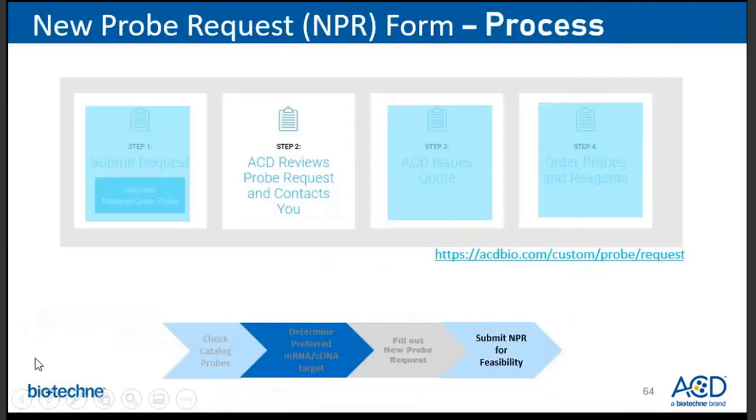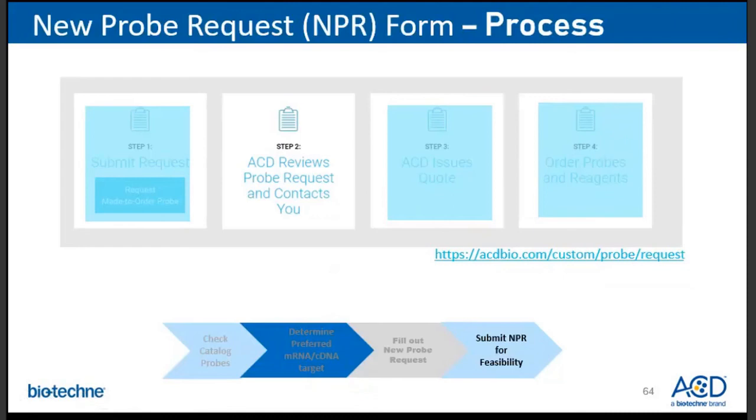So once your new probe request form has been submitted for a myriad of targets, from TCR, BCR clones to codon optimized sequences, to viral constructs, viral targets, standard probes, or even exon junctions and splice variants, we can start the feasibility process with the bioinformatics team.